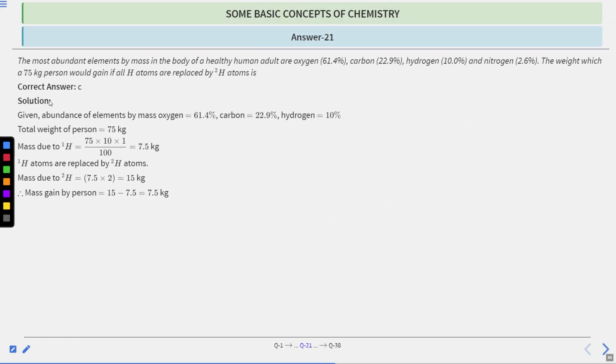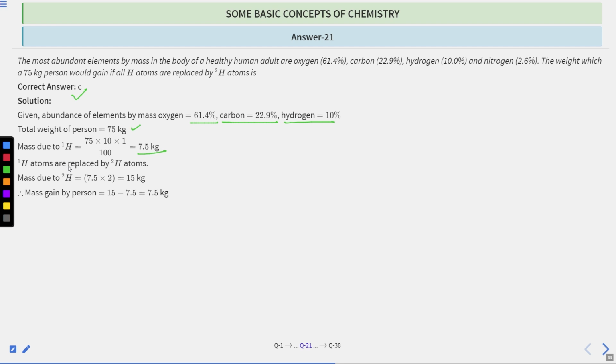Okay, so the correct answer will be option C. How? Given the abundance of elements by mass, for oxygen it is 61.4%, for carbon 22.9%, for hydrogen 10%. So the total weight of the person is given as 75 kg. Mass due to hydrogen atoms will be 75 multiplied by 10 multiplied by 1 divided by 100, that is 7.5 kg.